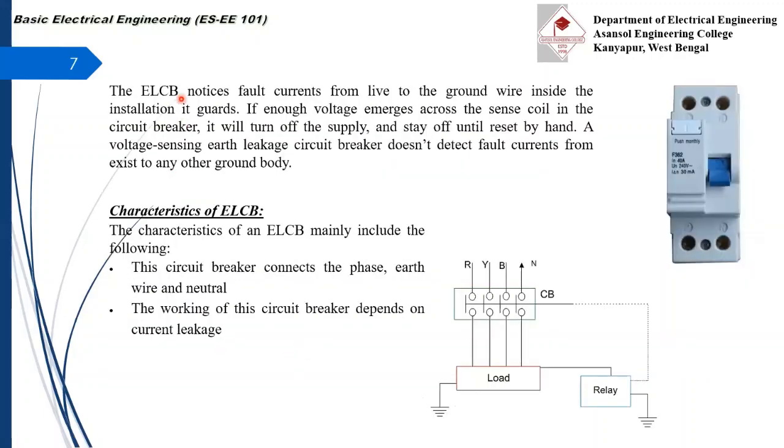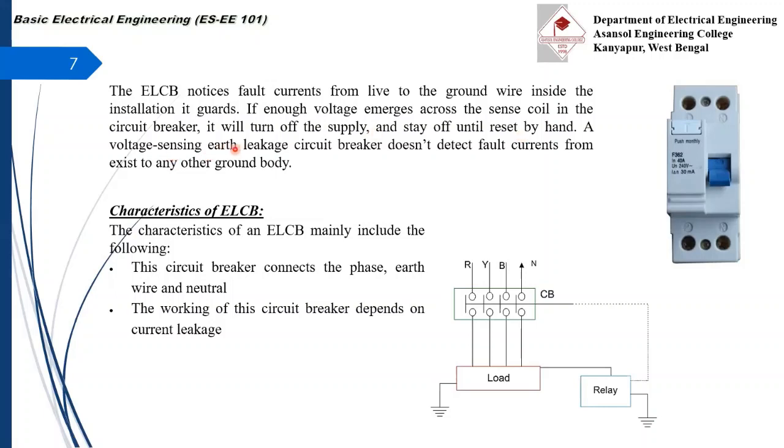Now this ELCB notices fault currents from live to ground wire inside the installation it guards. If enough voltage emerges across the sense coil in the circuit breaker, it will turn off the supply and stay off until reset by hand. That means you have to manually reset this device.